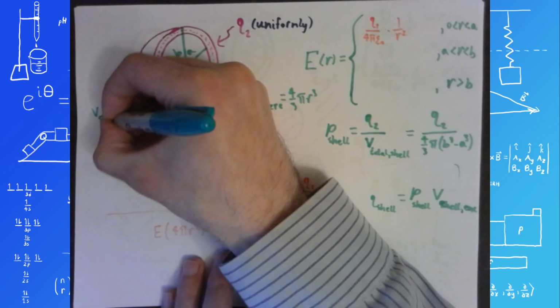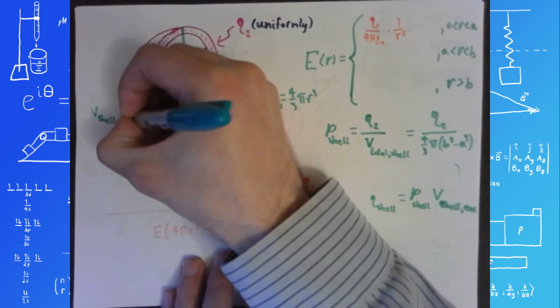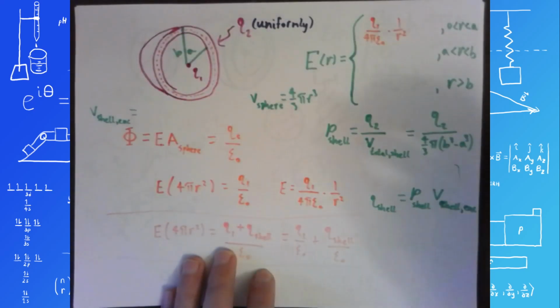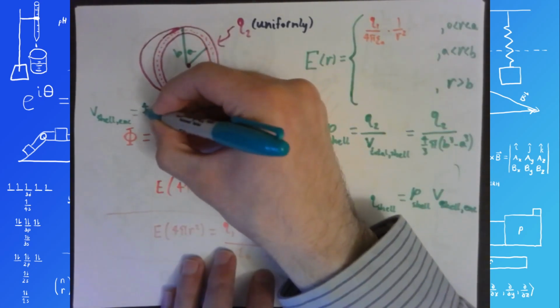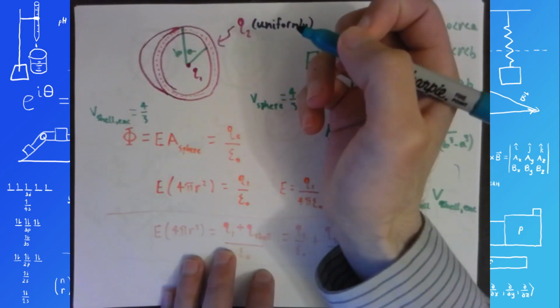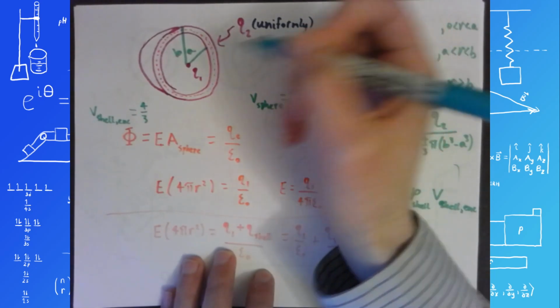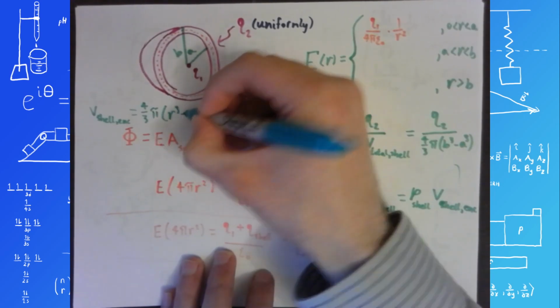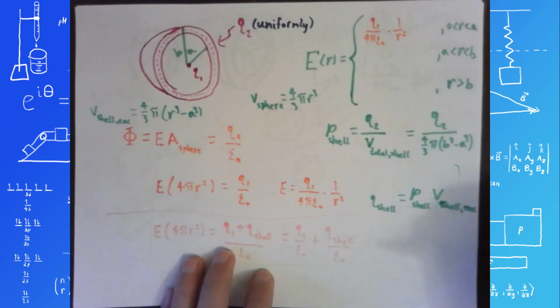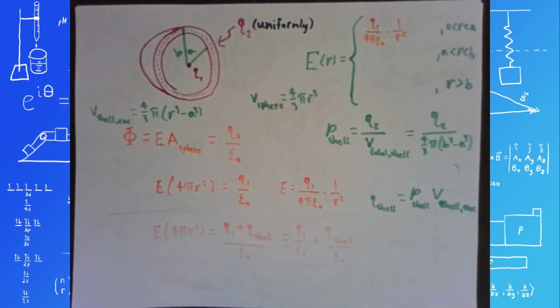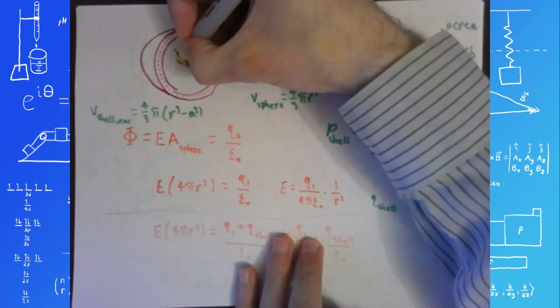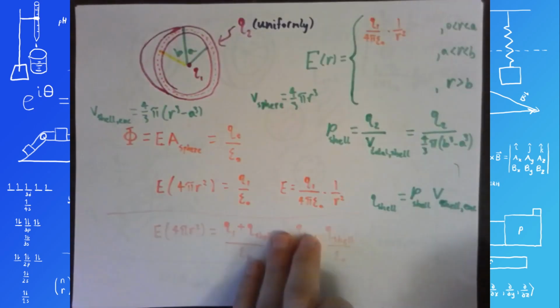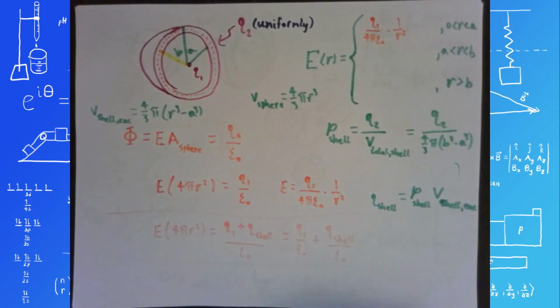V shell enclosed is equal to 4/3 pi r cubed minus 4/3 pi a cubed. So 4/3 pi can be factored out, and then we'd have r cubed minus a cubed, where r in this case is whatever that distance is. Something larger than a, but still smaller than b.